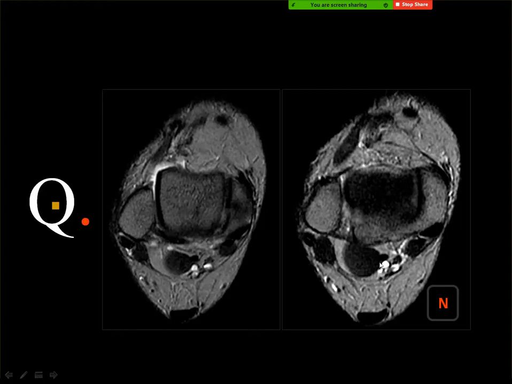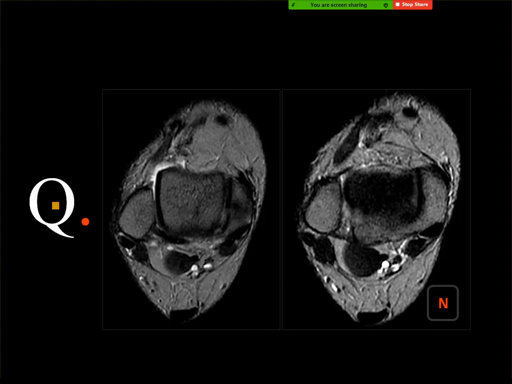This is a normal for comparison, and this is where the pathology is. Anterior tibiofibular tear completely.